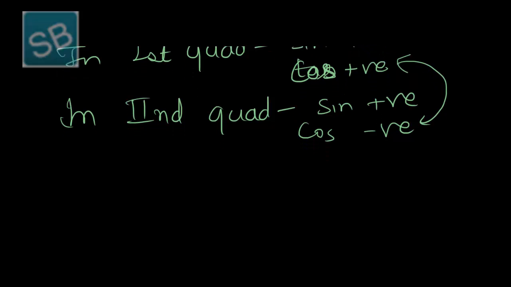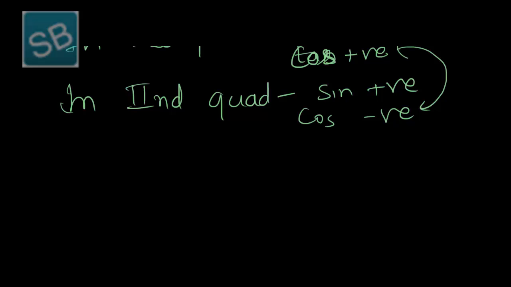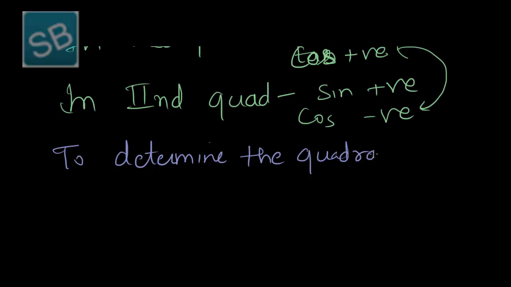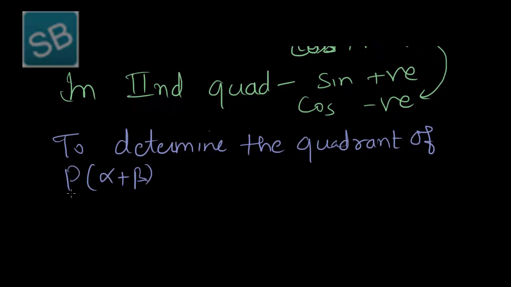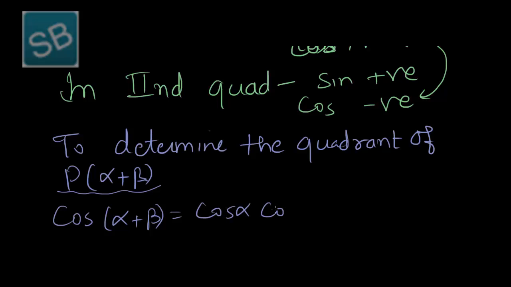So to determine the quadrant of P of alpha plus beta, as we have cos of alpha plus beta is equal to cos alpha cos beta minus sin alpha sin beta.